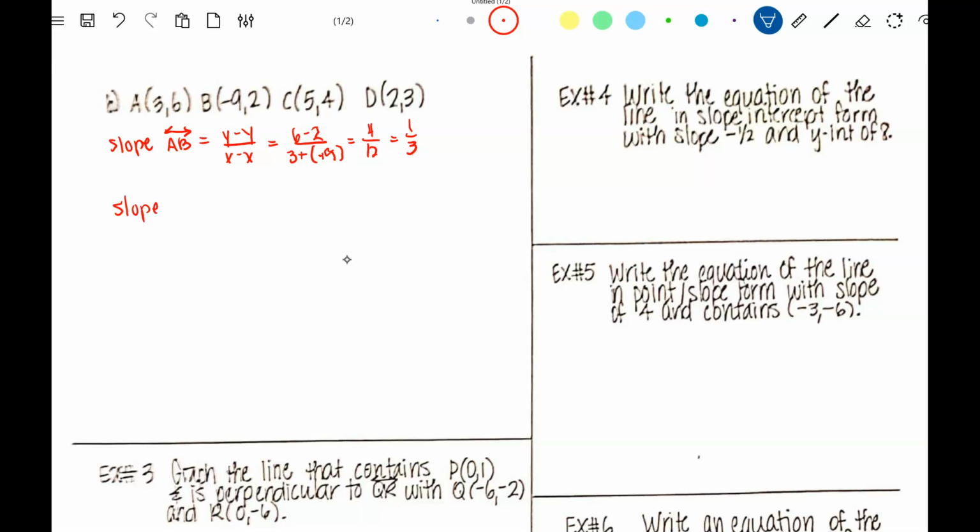Now we're going to look at the slope of CD. y minus y over x minus x. So 4 minus 3 over 5 minus 2 is 1/3. Since I got the exact same number for both slopes, AB is parallel to CD.